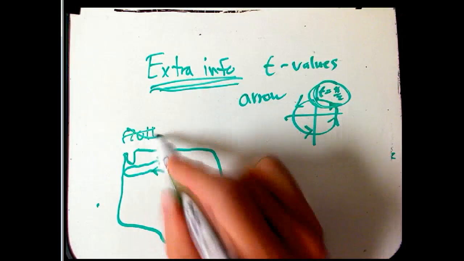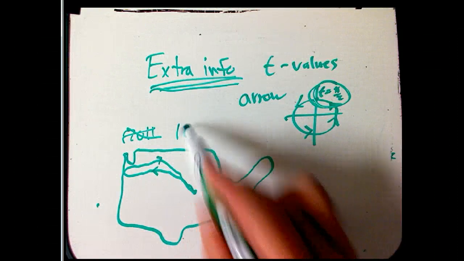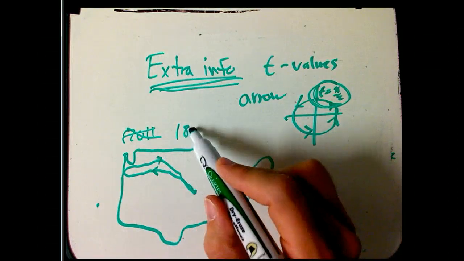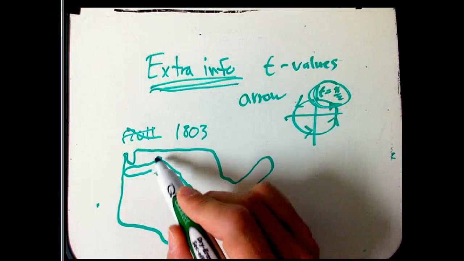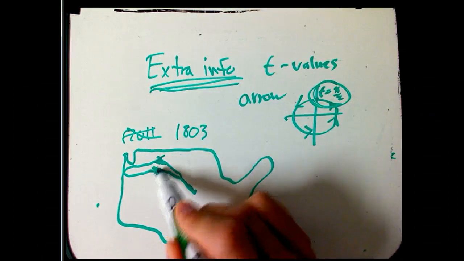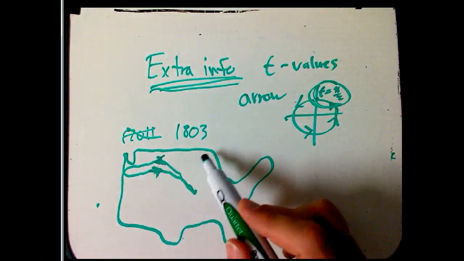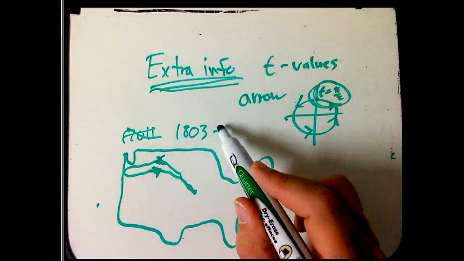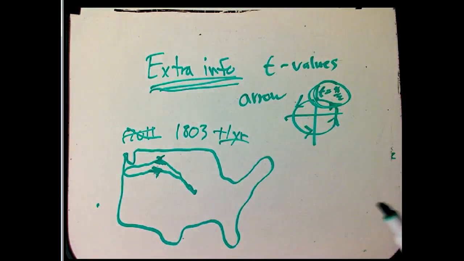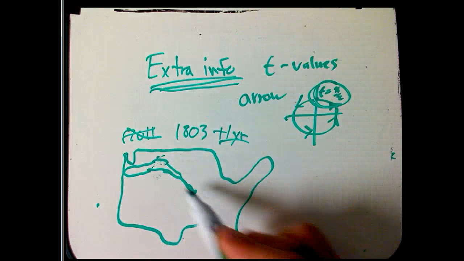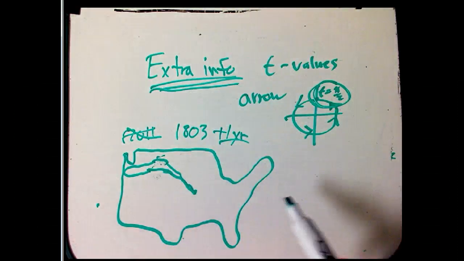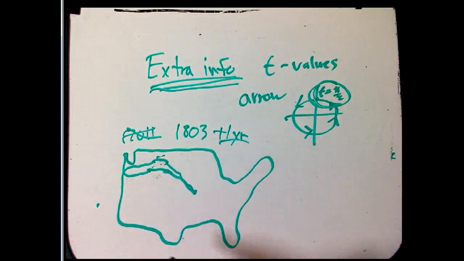Or it could be Lewis and Clark's route in, I'm going to get the number wrong, something like 1803. And it could have gone this way, which I think is more accurate, although it's certainly not precise at all. And it could have taken over a year. And if I just give you the curve and I don't give you any t values or any arrows, you can't tell the difference between those two drastically different things.